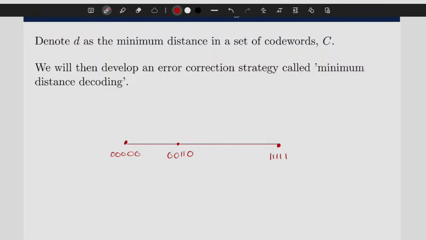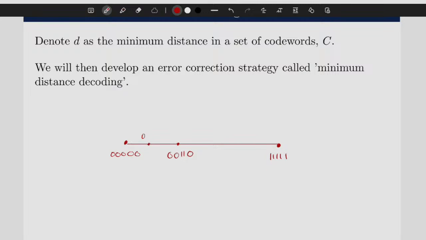Well, naturally, because it's closer to our zeros, we can say, okay, we're going to correct it to be 0, right? A bunch of zeros. And the reason why we could say that it was closer is because the distance between these two was just 2, but the distance between these is 3. And it's just simply closer to the bunch of zeros, right? And we can do this with any code.